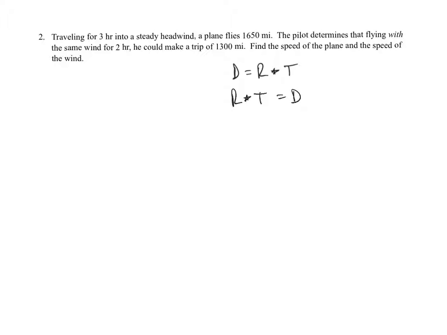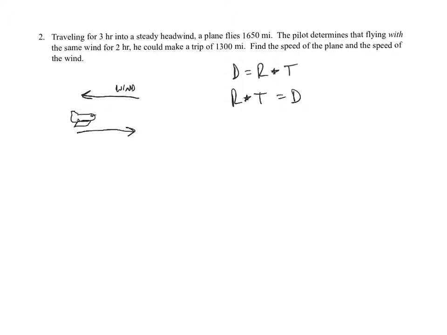And what you should know is, when they say that an airplane, so I'm going to draw a little airplane here, is flying into a headwind, that means the wind is traveling in this direction, and the airplane is flying in this direction against the wind.